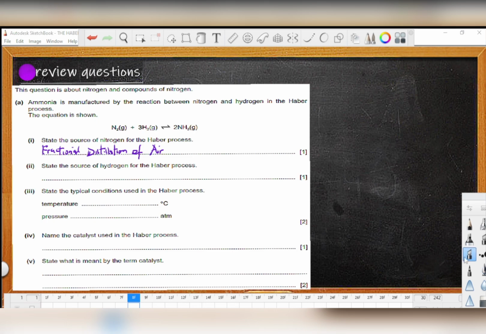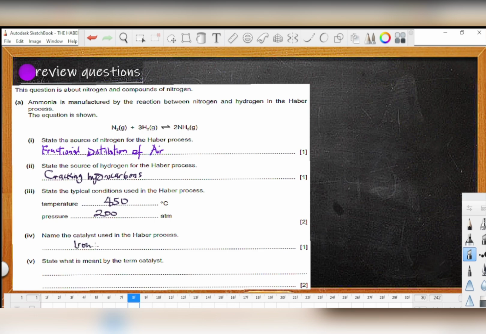The next question says, state the source of hydrogen for the Haber process. It will be obtained from cracking hydrocarbons. State the typical conditions used in the Haber process. Temperature 450 degrees Celsius, pressure 280. Name the catalyst used. You see, it's quite easy.